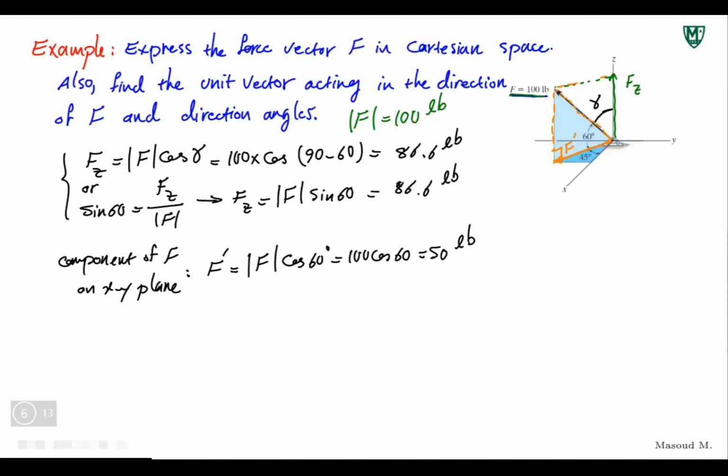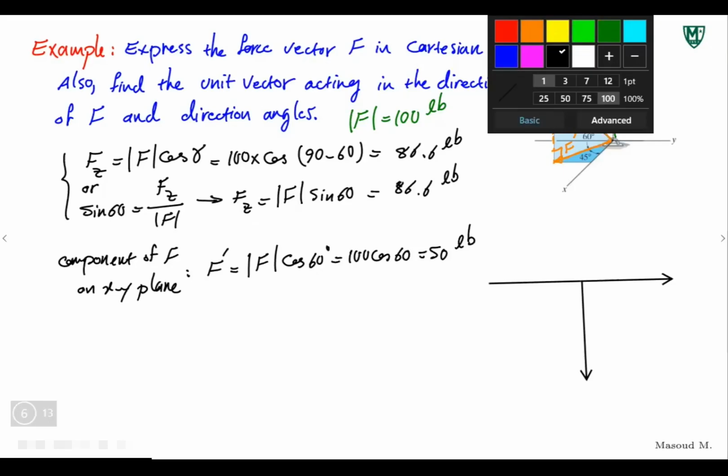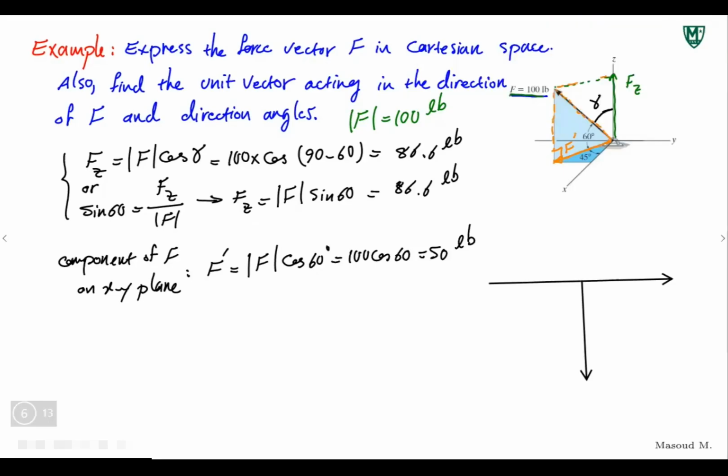So what do we have now? Going step by step, we are looking at it from the top. Now we have this situation. I have this vector, which I called F prime.